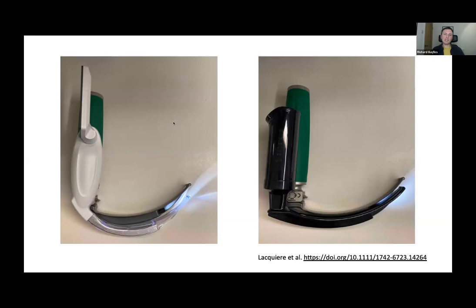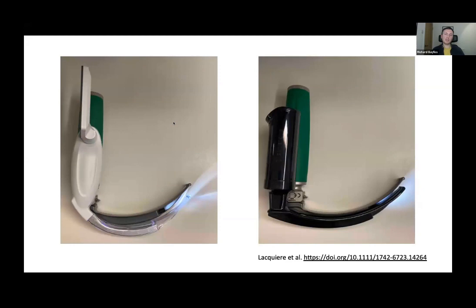And that might actually explain why there are some reports that there is more of a learning curve with the McGrath than you might expect. In the paper that I've taken these images from, one of the things they found was that their clinicians adapted to the glide scope Go a lot better, and their first pass success rate was higher with the glide scope Go versus the McGrath.